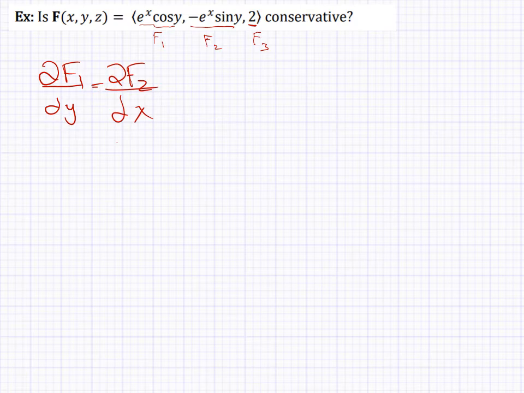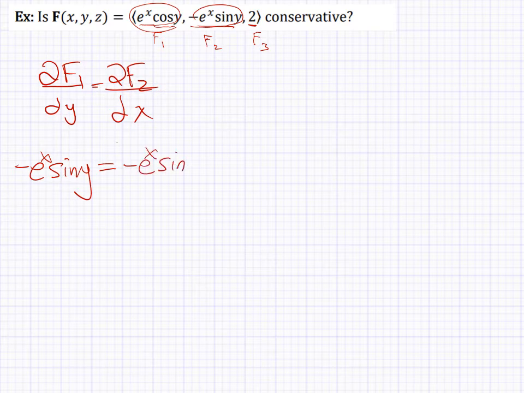E to the x cosine y with respect to y. X is a constant, so this is going to be minus e to the x sine y. And that has to equal F2 with respect to x. So this with respect to x is the variable, y is the constant, would just be minus e to the x sine y. Derivative of e to the x is e to the x. Everything else stays the same. So does that hold? Yep.